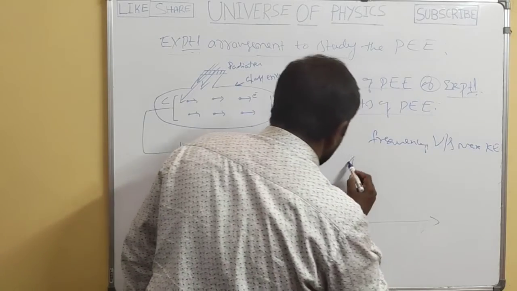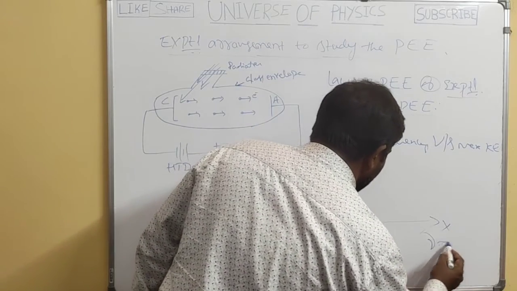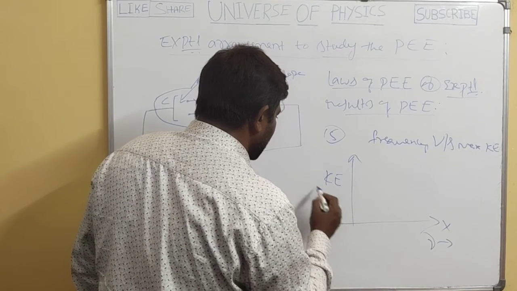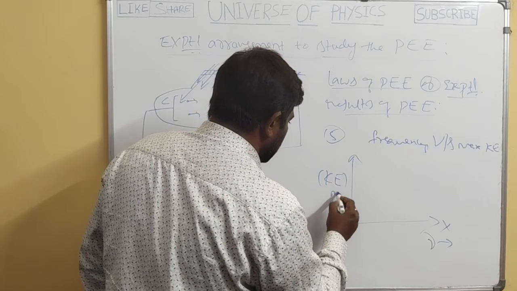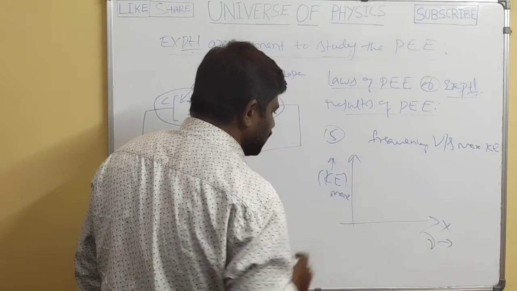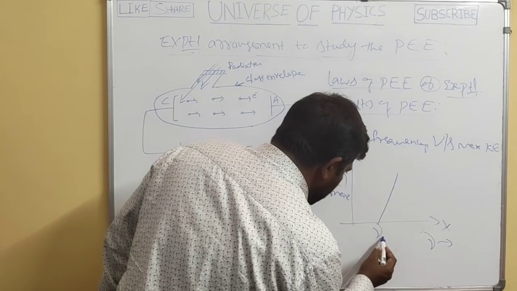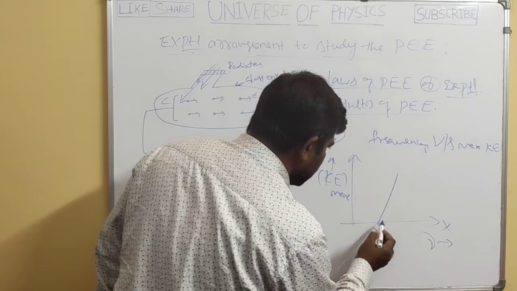Along the x-axis, frequency, and along the y-axis, maximum kinetic energy, and the nature of the graph should be like this. And this is the threshold frequency.